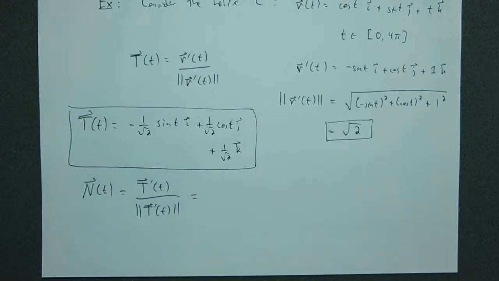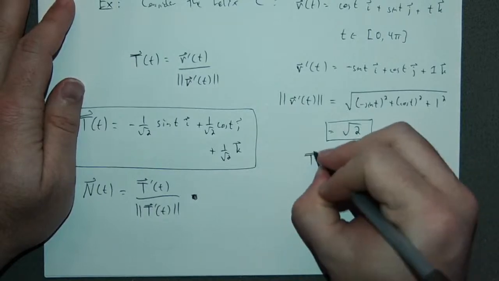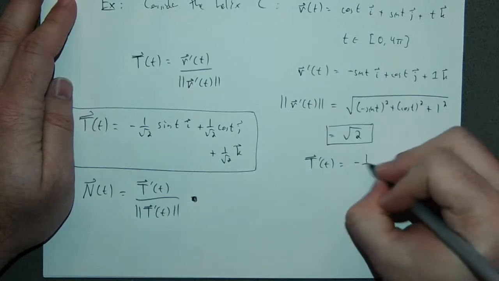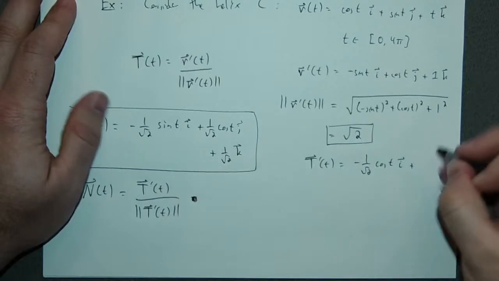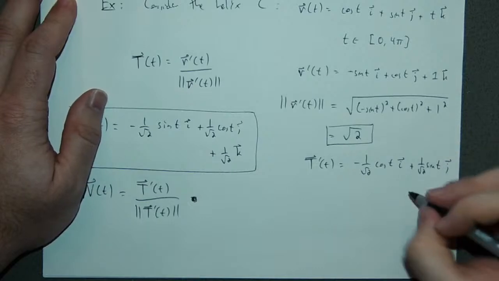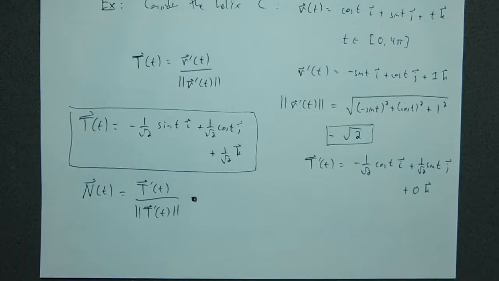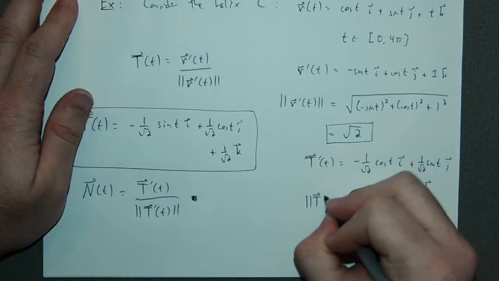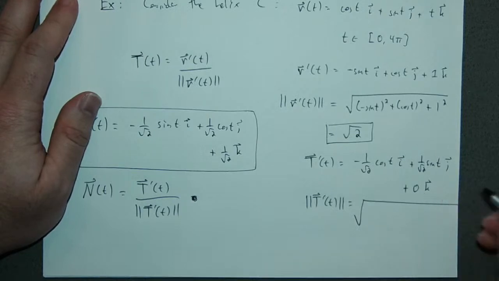Okay, and this, well, I'll compute these separately. So T prime is what? So this is minus 1 over root 2 cosine t i plus 1 over root 2 sine t j plus 0 k, right? Derivative of 1 over root 2 with respect to t is just 0 because it's constant. And so the length of T prime of t is the square root of, 0 squared is not going to contribute anything.